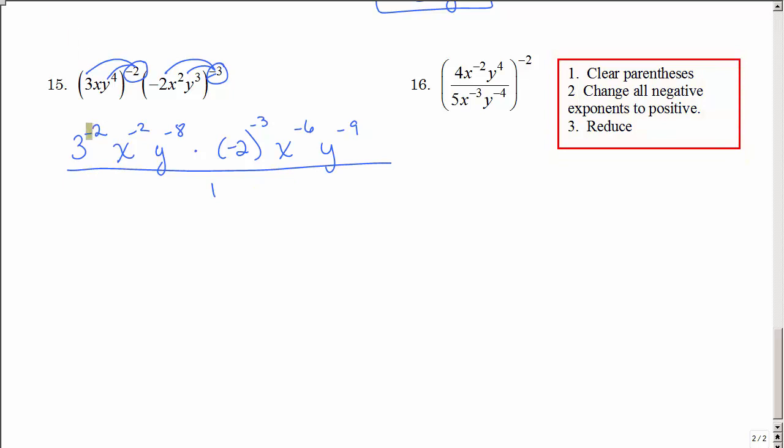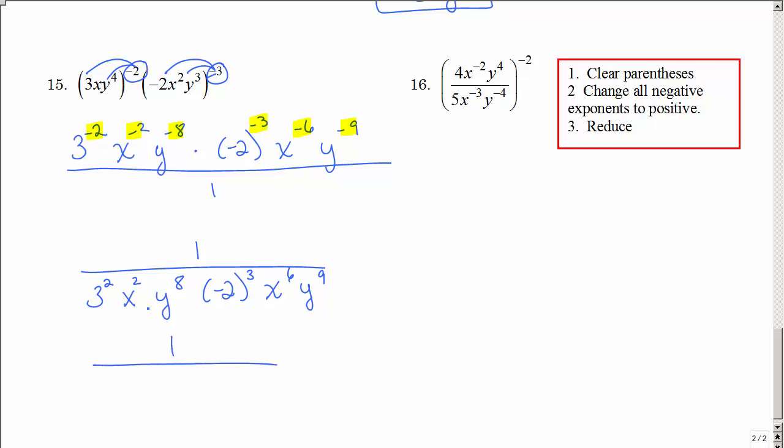So since all of these exponents are negative, and I need to make them all positive, I'm going to take the reciprocal. So I'm going to put the 1 on top, and all of these go to the bottom, and it changes the signs of the exponents only. See how I'm still keeping that negative 2 in parentheses, reminding me that whole thing is raised to the 3rd power. All right, let's do some of the letters. x squared times x to the 6th.